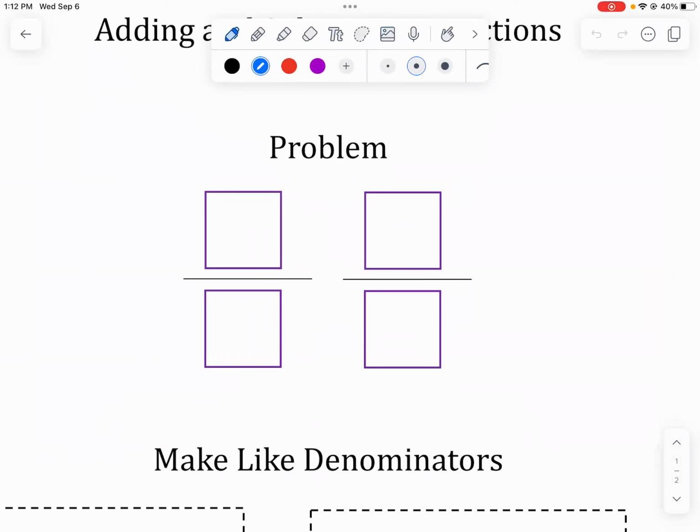So in number 2, and we're going to come back to our papers, so leave them open. But in number 2, our problem is 1/4 plus 2/3, correct? Okay, so I need you to write the 1, the 4, the plus sign, the 2, and the 3.